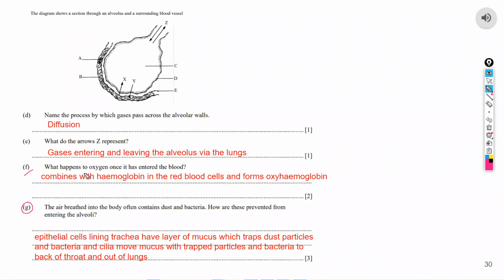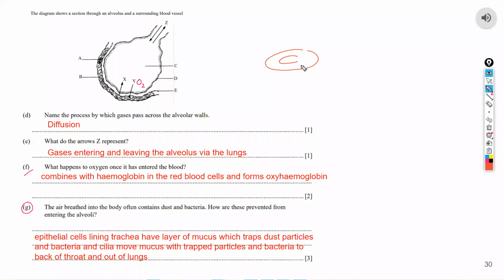F, what happens to oxygen once it enters the blood? So remember, the oxygen is first inside here, and it will diffuse across and go into the bloodstream. Now, here's the thing. Inside your blood, there's something called red blood cells. Your red blood cells look something like a donut.